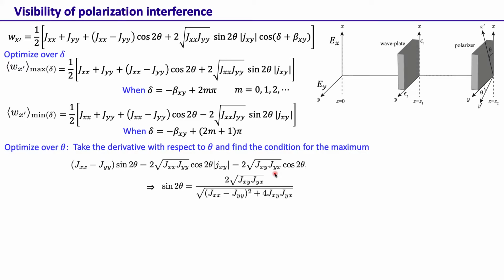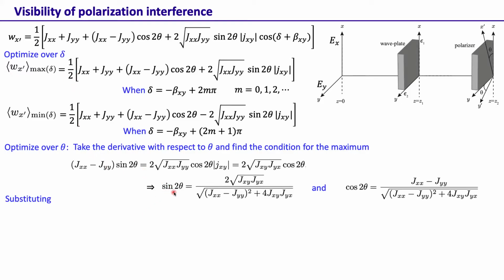This basically implies that at the maximum, sine 2 theta has to have this expression, twice square root of jxy jyx divided by the square root of jxx minus jyy whole square plus 4 jxy jyx. This is just the condition that comes for the maximum, and cosine 2 theta has this expression. So that's the condition for the maximum of this quantity over theta.